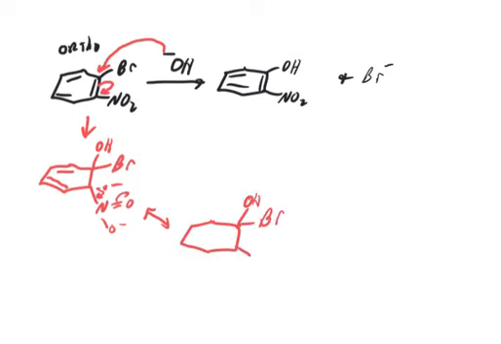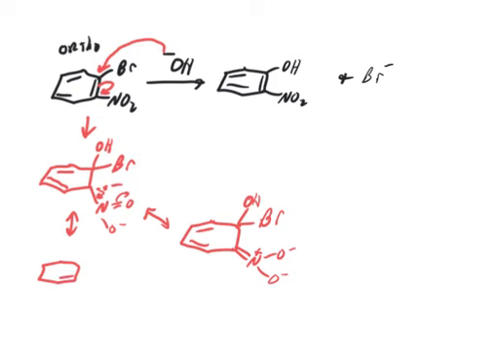And what we wind up with is this. All right, so this is showing the electron withdrawing group stabilizing that intermediate. I have other resonance structures where the negative charge is distributed on the other atoms.